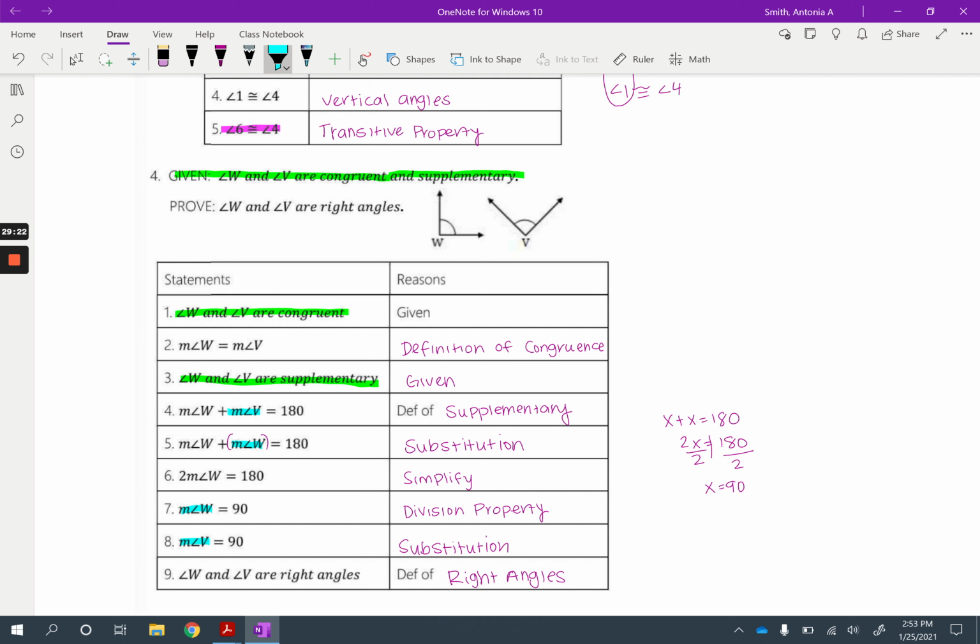So in this last proof, we proved that angle W and angle V are right angles. We'll keep doing some proofs, get really good at coming up with these reasons that go with our statements in our next section.